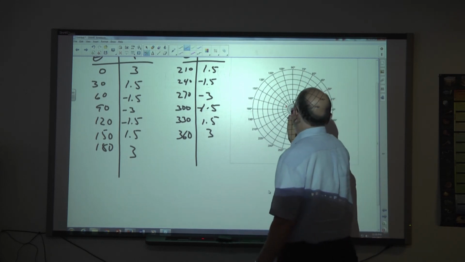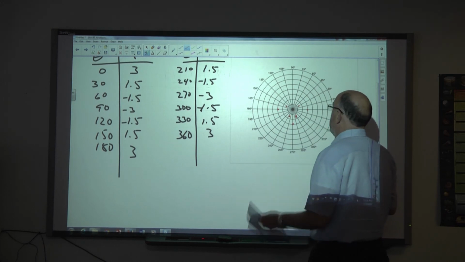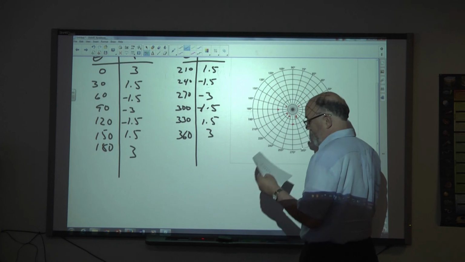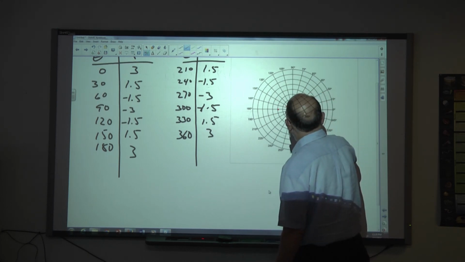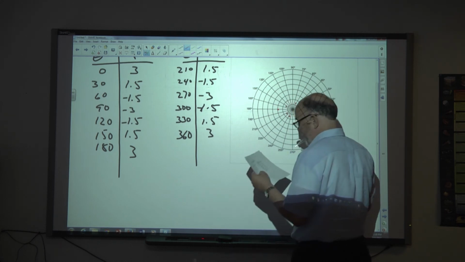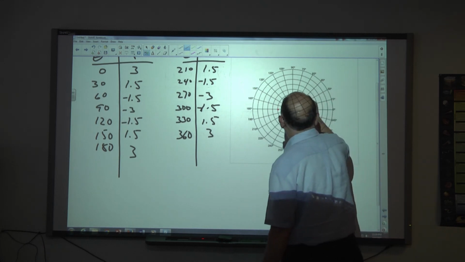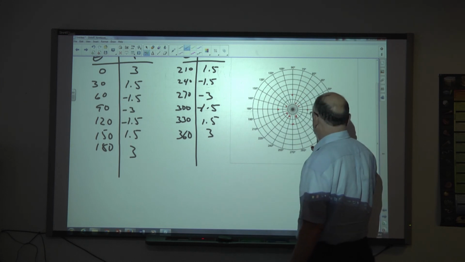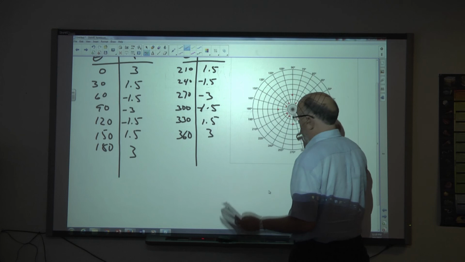180 and 3 is going to put us up there. And then 210, 1.5 will put us here. 240, negative 1.5 is going to put us out over here. 270, negative 3 is going to put us here. 300, negative 1.5 puts us here.